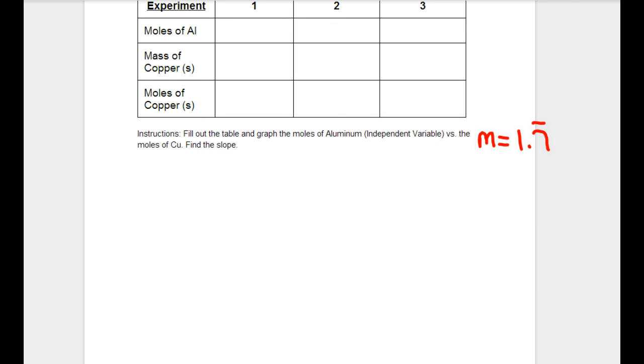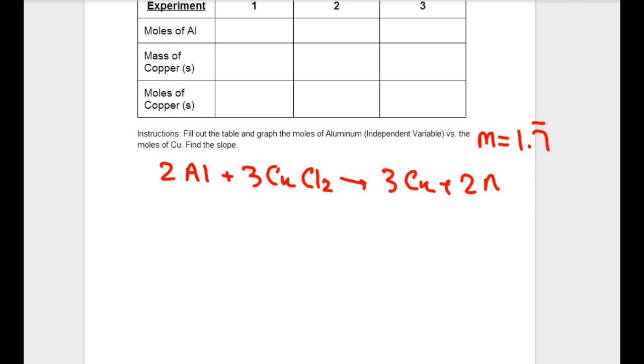So why is this number 1.7 for slope important to us? Well, it's important to see whether we got a relationship that resembles what we have from the balanced equation. So the balanced equation for this experiment is as follows. And when comparing copper to aluminum, y over x, we look at the coefficients.